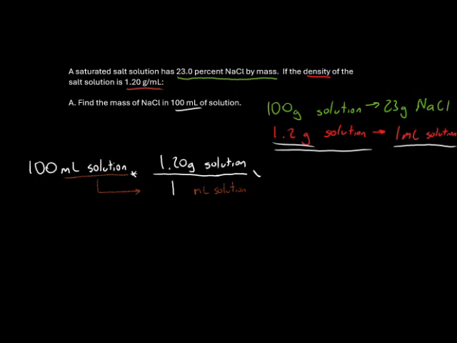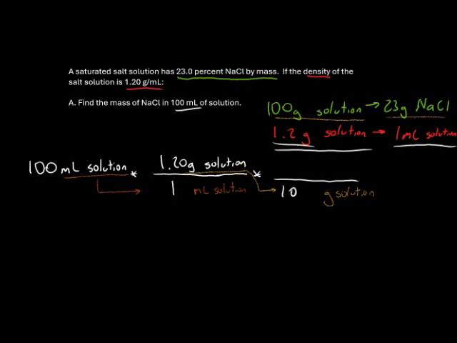Now we're going to multiply that by another fraction. Since we have grams of solution on top, we'll send that to the bottom. Now, in the other piece of information that we have not used yet, we can see that 100 grams of solution is related to 23 grams of NaCl.